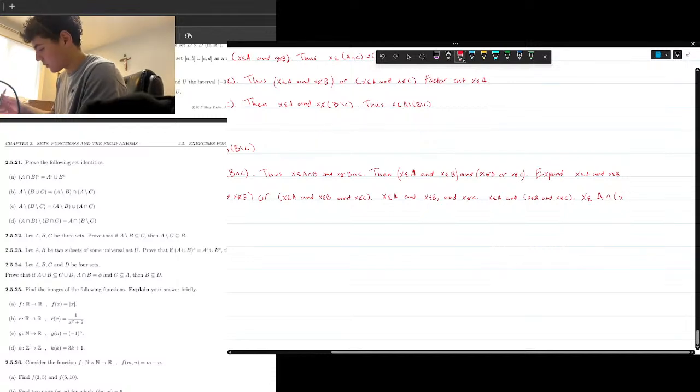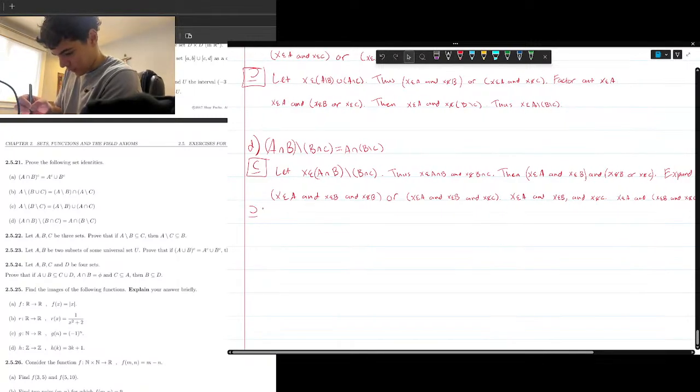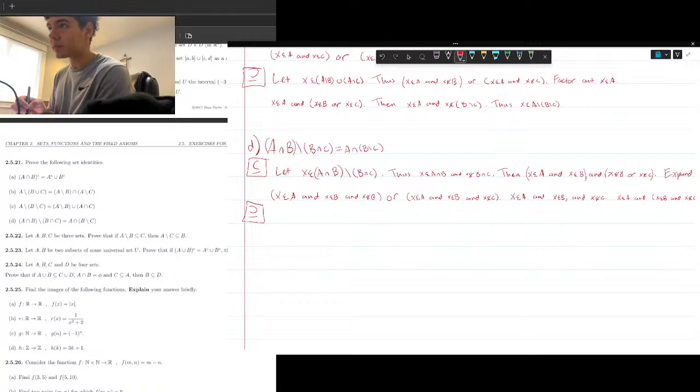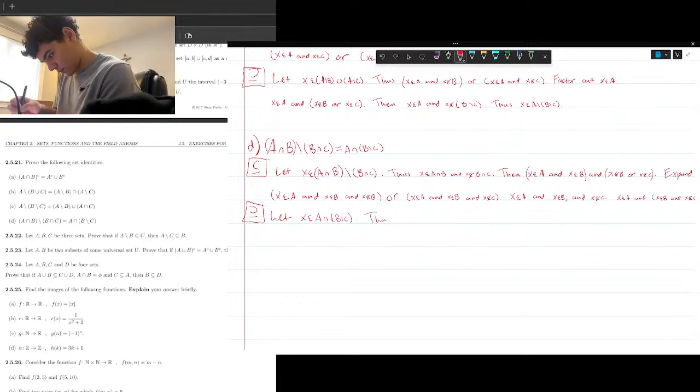So sorry, guys, OneNote is trash. Whatever, this is the last thing I'm doing on this page anyways. I kind of skipped a step there, but it's fine.